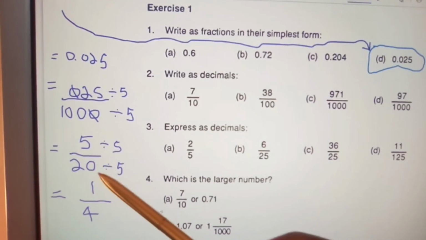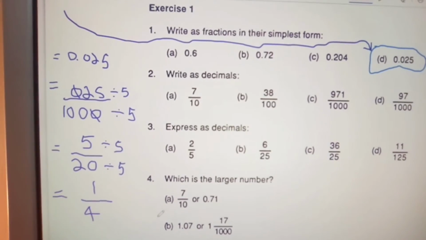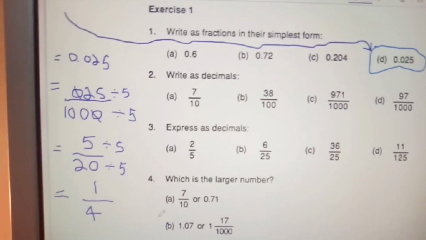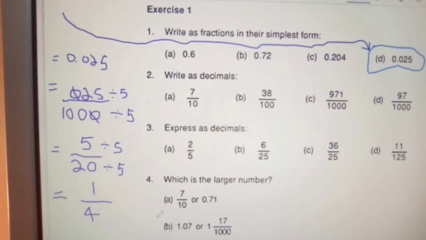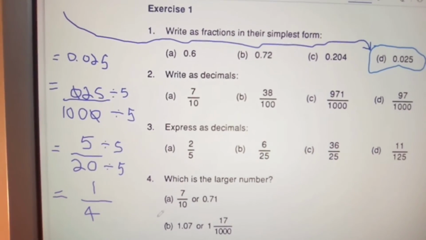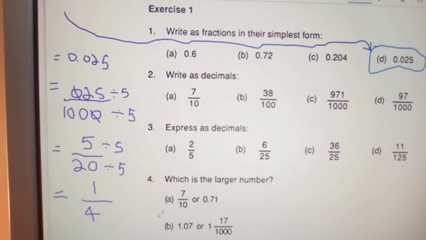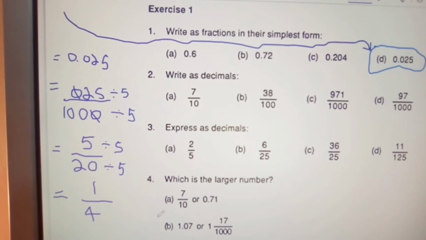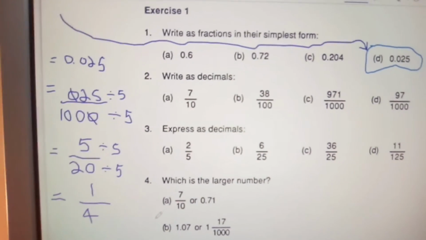But this is your simplest way of doing it. And I'm going to stick with the answer. If you have a different answer to what I have here, please do let me know. But anything divided by 0 will be 0. So in this case here, I would simply cancel it out.